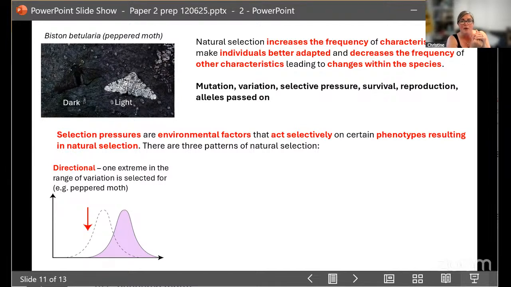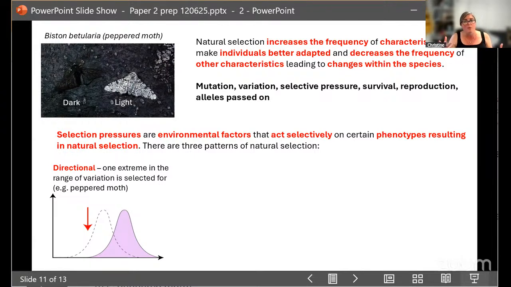An anatomical adaptation, which is module 4, that results in them not being predated. They survive because they're camouflaged. The light peppered moths are going to die out. Because they're dying out, they're not able to reproduce as much, and so the alleles being passed on result in more of the population having the dark color than the light color.